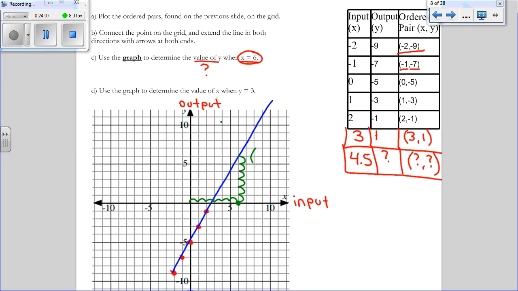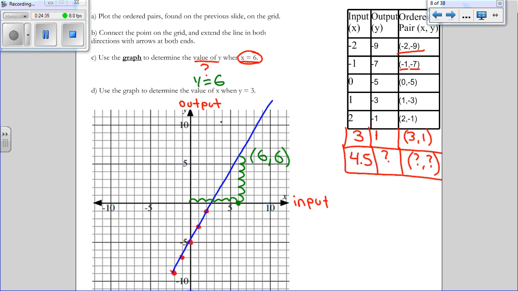So my value of y when x equals 6, y would equal 6, because that's the point on the graph that has an input of 6. You see how that works? So you put an input into the graph to find where the output is on that line.